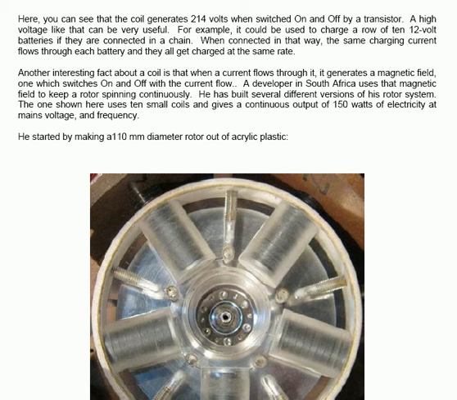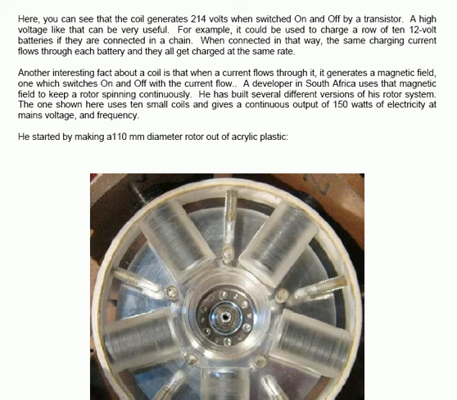When connected in that way, the same charging current flows through each battery, and they all get charged at the same rate. That's something that's not immediately obvious to many people, but when you connect batteries in series like that and apply a voltage to the series group, the current flows through all of the batteries from the plus of the supply to the minus of the supply voltage, and the current flowing through the batteries is always the same for each battery.